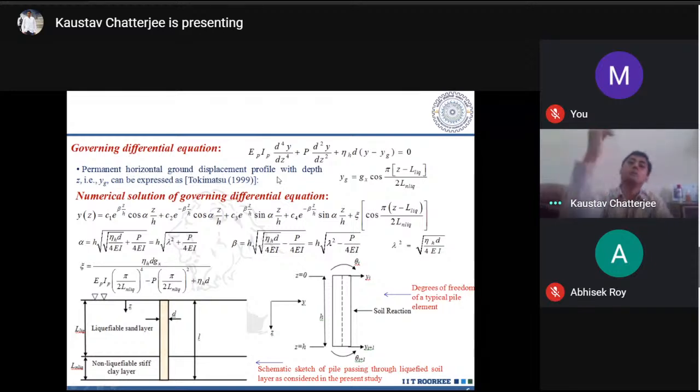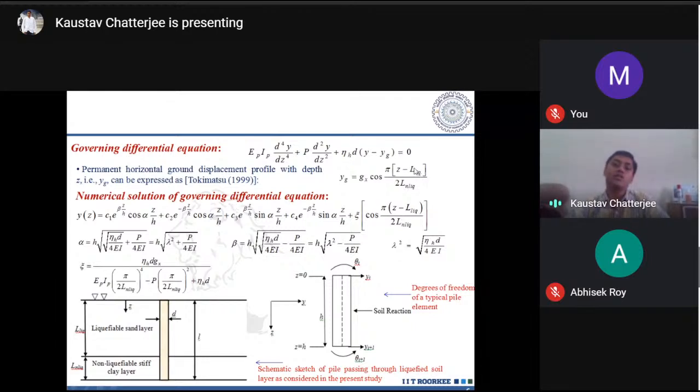That is how my ground displacement is varying with depth, and this has been given by the Japanese researcher Tokimatsu, 1999, using this particular correlation, that is yg equals gx into cos of this particular term, where L liquefiable is the depth of the liquefiable soil layer and L non-liquefiable is the depth of the non-liquefiable soil layer.